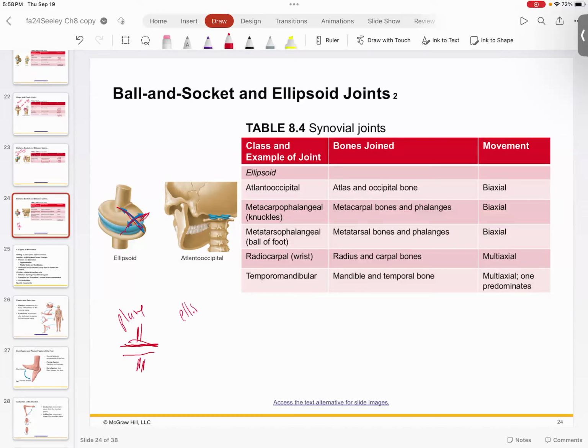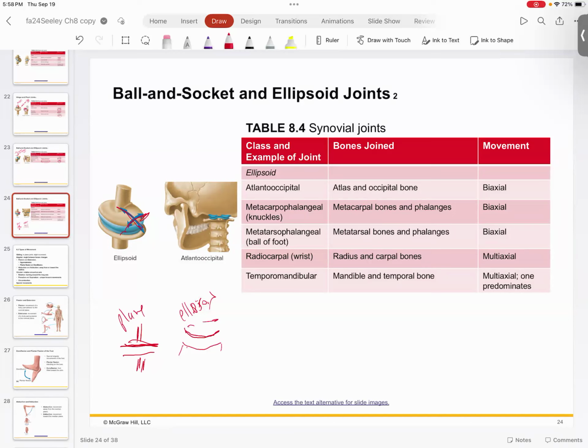In the ellipsoid, it's an ellipse. So typically you have one rounded area and another depressed area. So it's more of an ellipsoid, and it's moving back and forth.